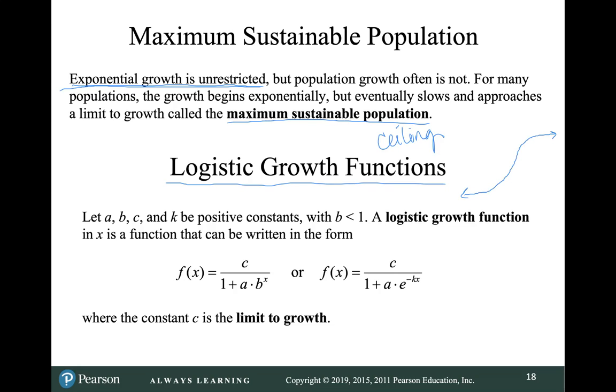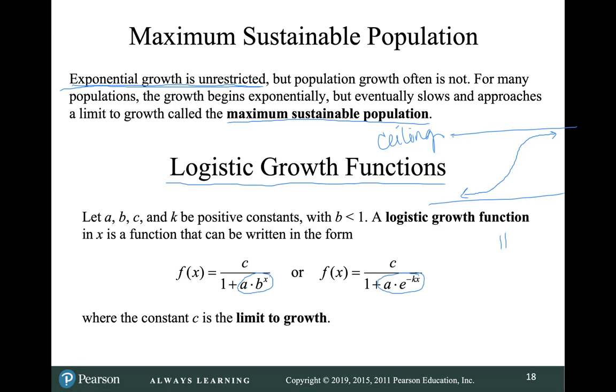Now, a logistic function has two horizontal asymptotes. That's what makes it level off. And that top horizontal asymptote is the ceiling. So for a logistic function, we have A, B, C, and K. We have two different ways of writing our logistic function. Our base has to be less than 1. And our logistic growth function is a function in terms of x. So notice here, this is an exponential function and this is an exponential function.